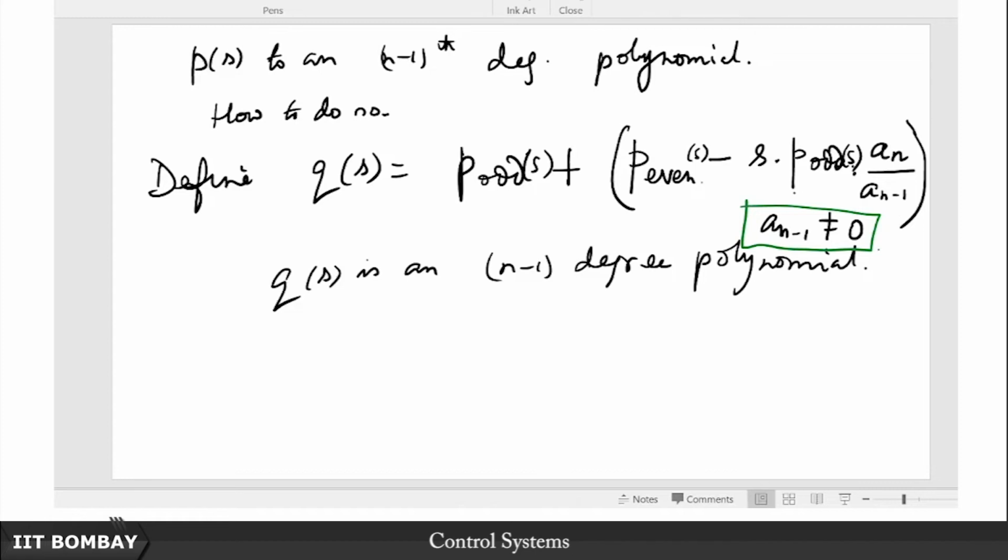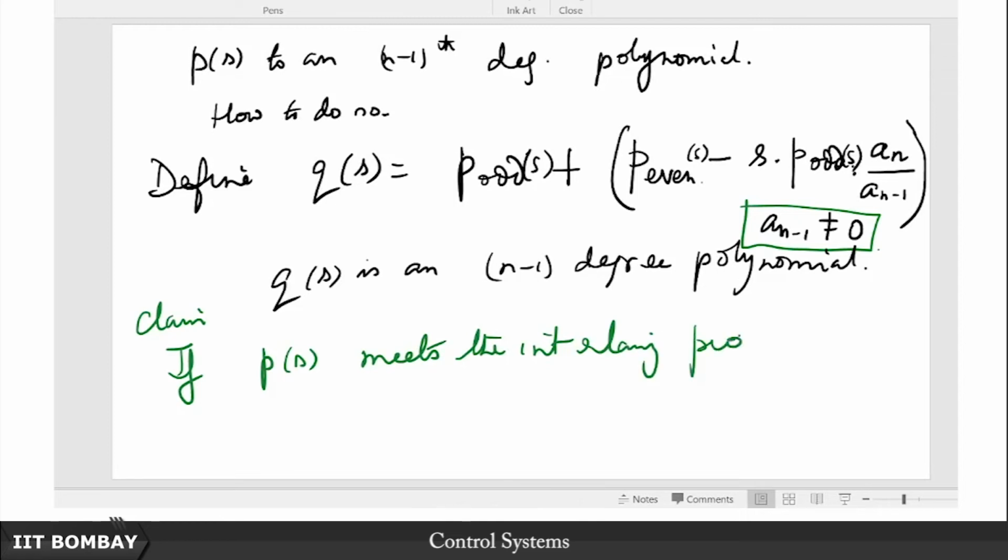So what we do is, if we keep doing this, now notice at the first step Qs, we have managed to reduce the degree of the original polynomial p from n to n minus 1 in Q. But additionally, the claim is, if Ps meets the interlacing property, so does Qs and vice versa.